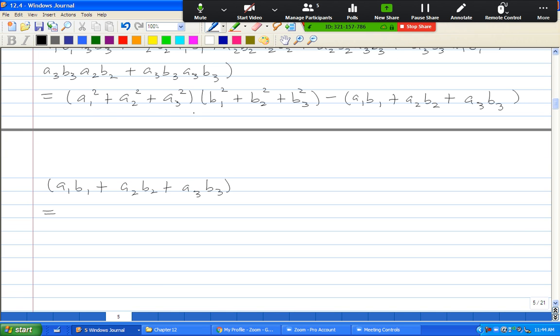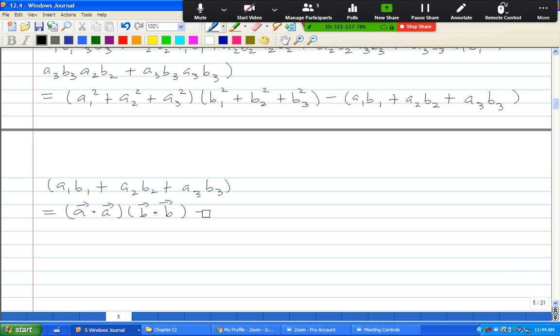Well, this term here just looks like the dot product of a vector with itself. This looks like the dot product of a vector with itself.